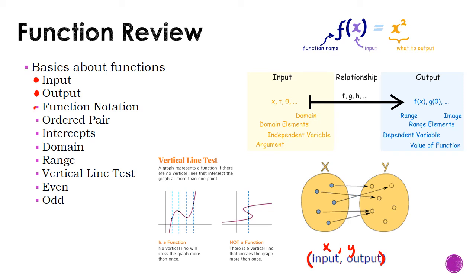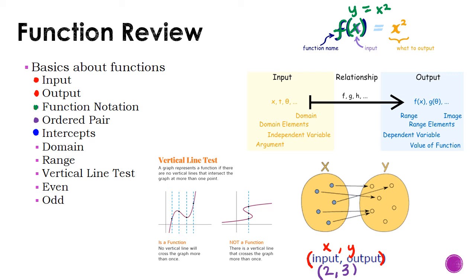Function notation looks like f of x typically, or a different letter instead of f. Typically, we've been writing y equals x squared. f of x is just a clear way to identify what my input should be. Ordered pairs. Again, my input and output are often written as ordered pairs, meaning if I have 2, 3, 2 is my input, 3 is my output.